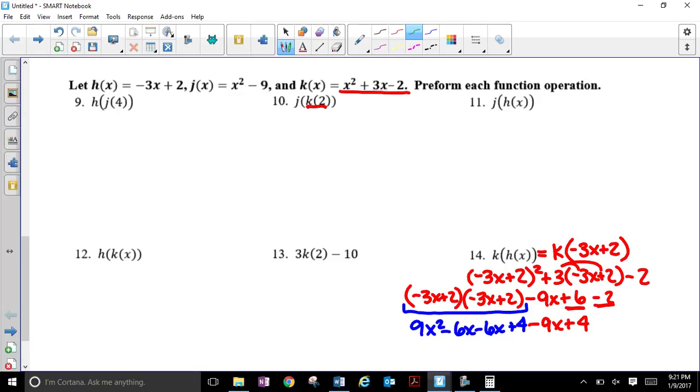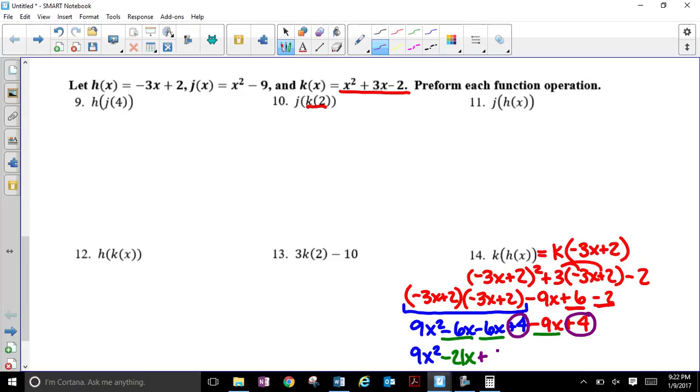Okay, now we're going to combine like terms. So I've got a negative 6x, a negative 6x, and a negative 9x. So 9x squared stays the same. Then I'll put in green what I get for this. So that's negative 12 minus 9 should be negative 21. So you're actually adding all of those numbers. And then I have a positive 4 and a positive 4 here.